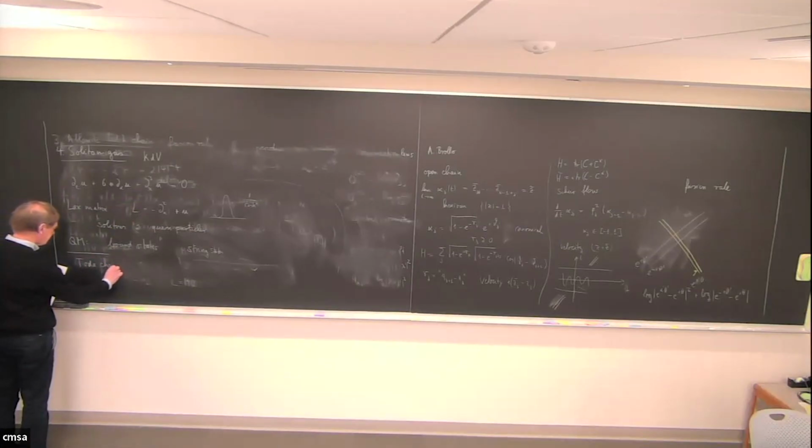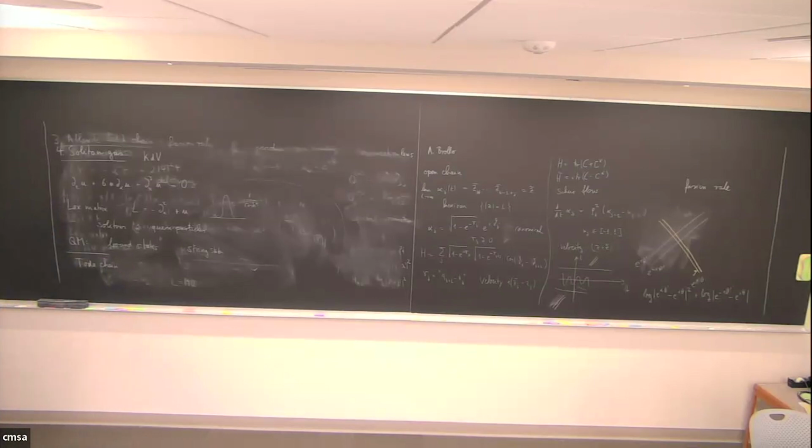Sorry, bound states. Do you mean like a localized state? Yeah, a localized state. It's like a little molecule. In quantum mechanics, this would be the simplest sort of eigenvector of, let's say, two or three particles, right?